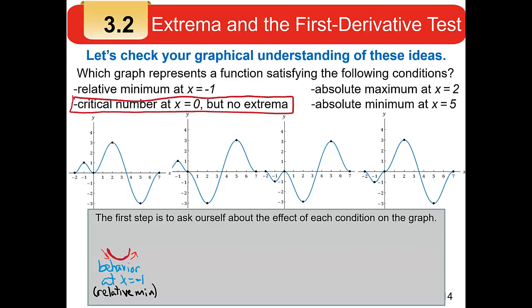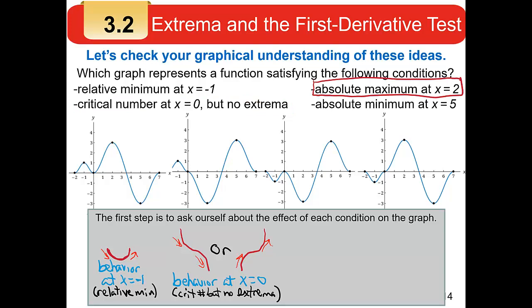Remember, you have no extrema at a critical number when it doesn't go down, up, or up, down. It either goes down, down, or up, up. That's what the behavior around x equals 0 would be. And then when you say something has an absolute max at 2, all you're saying is that that's the highest point on the graph in that interval you're interested in.